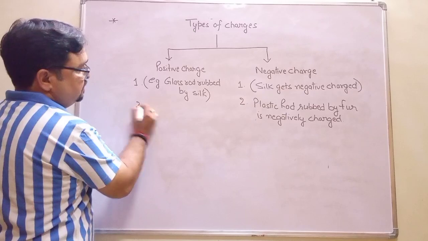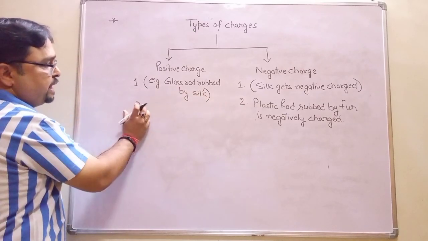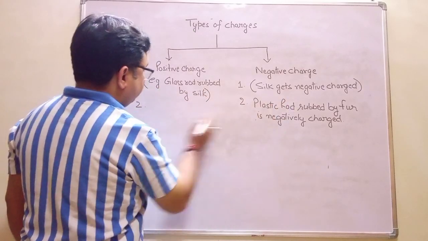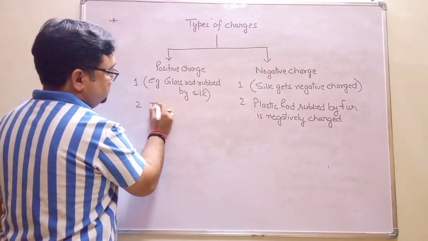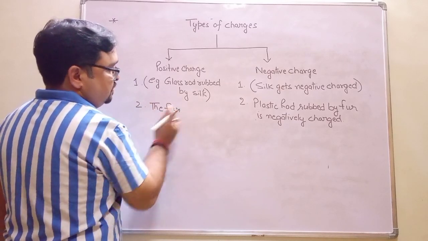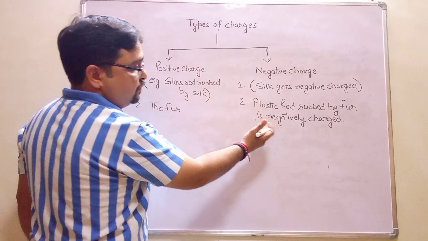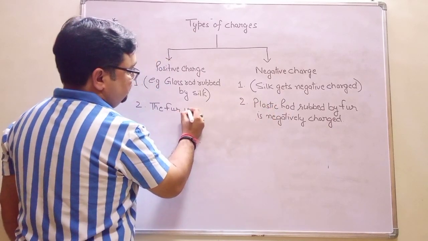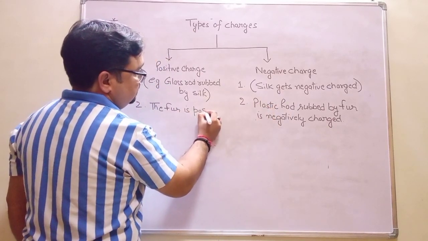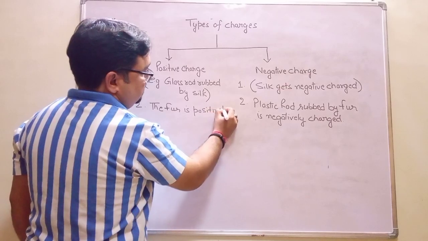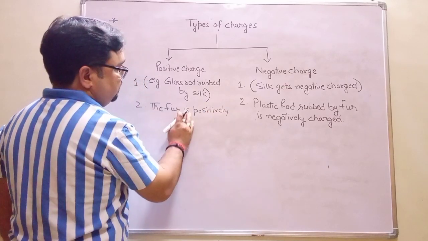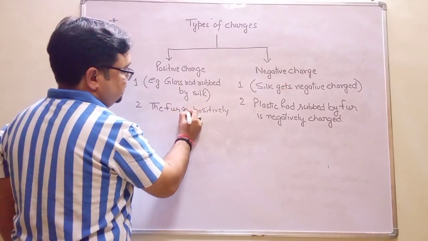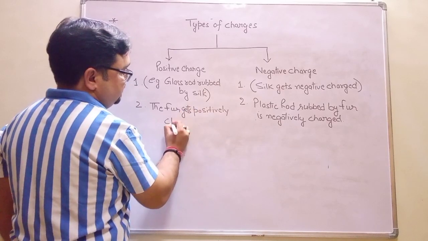Here, same example, second we can write here also. The fur which is used for rubbing the plastic rod, the fur gets positively charged.